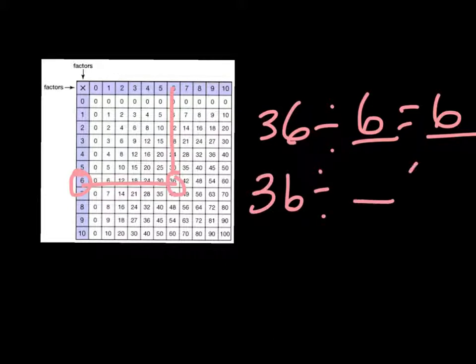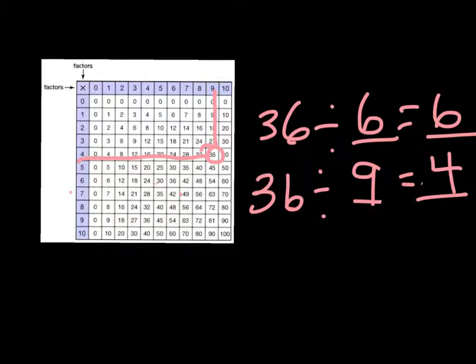What about another 36 somewhere on the chart? Let's look for another 36. How about here? If I look up, 36 divided, this should be an equal sign, sorry. Let's erase that. That should be an equal sign. And then go across, I would get 4. So there are many ways to use the multiplication and division chart to help you solve problems.